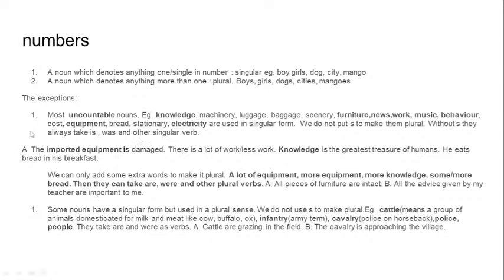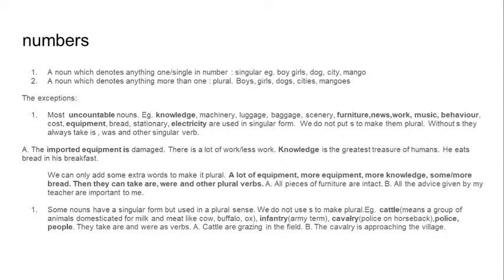So that is important. These examples are extremely important. The important equipment is damaged. There is a lot of work or less work. Knowledge is the greatest treasure of humans. He eats bread in his breakfast, like that. We don't say he eats many breads in his breakfast.